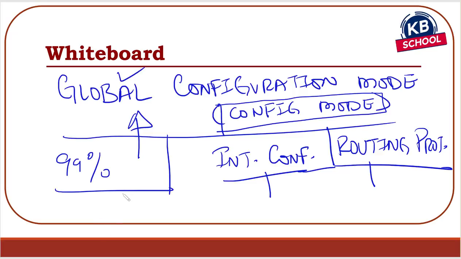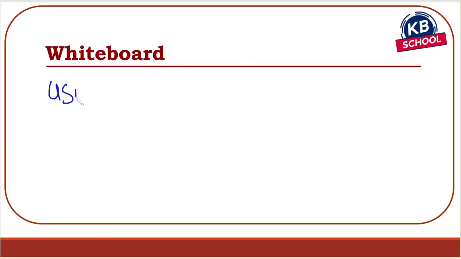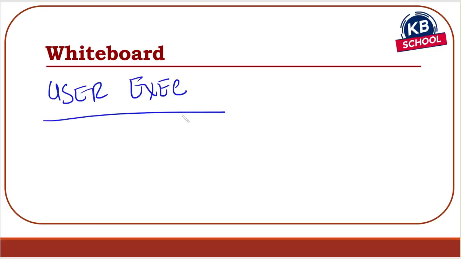And I'll show you this step by step. How do you go into the global configuration mode? Where do you go into the global configuration mode from? And from the global configuration mode, how do you go into the interface config mode or the routing protocol config mode? I'll show you that in videos that are following up. But at this time, I want you to know there are three main modes: user exec, limited verification commands.